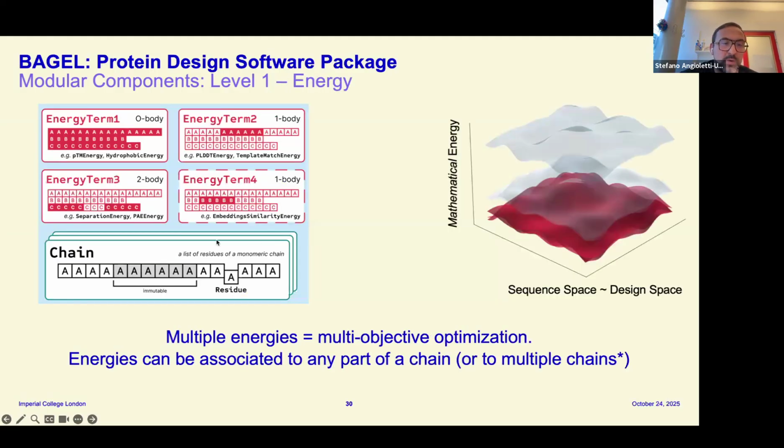On top of a sequence, you will need to decide what the different energy terms are. There are energy terms that depend on the overall system, which we can call zero-body energy terms. There are energy terms that depend on single amino acids, and then there are energy terms that depend on pairs of amino acids, so we can call them one-body or two-body terms. Effectively, energy can be associated to any part of the amino acid chain in the system, or to multiple chains.